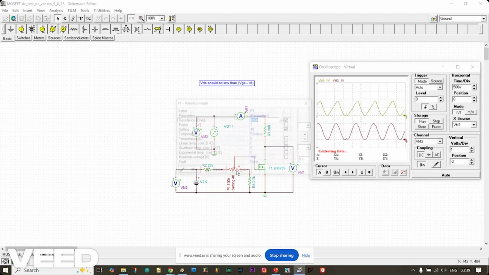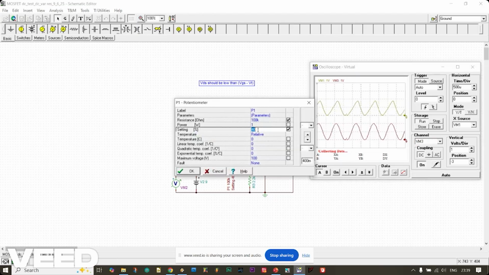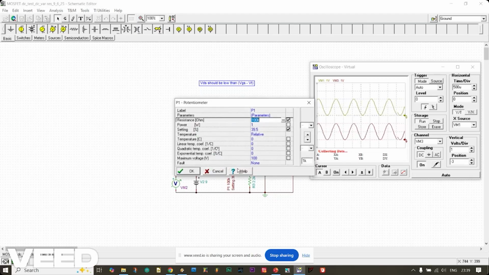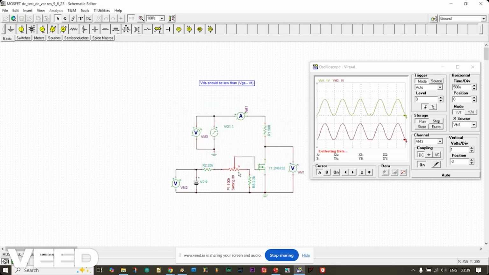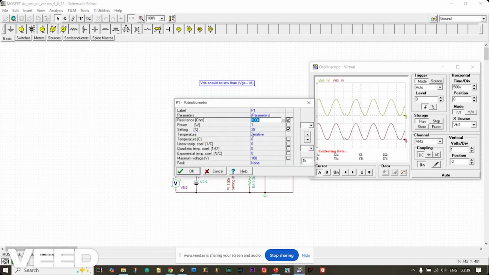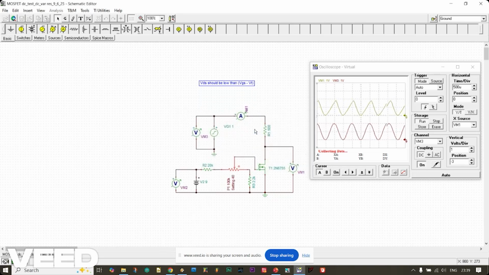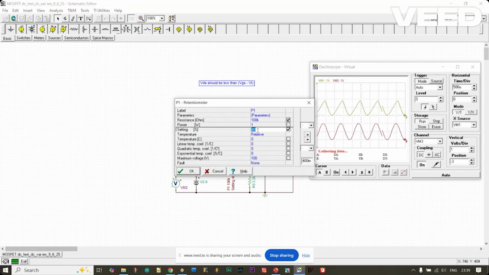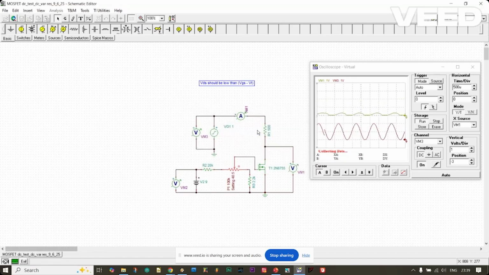Now let us see again. Let me change the potentiometer voltage. See, now the voltage is very low.